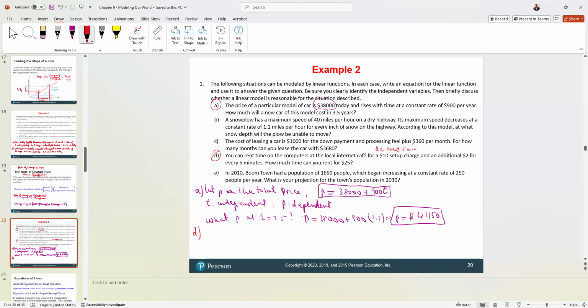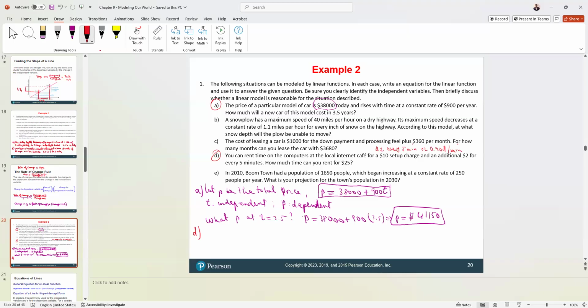Every minute you would do 2 divided by 5. You're going to get 40 cents, or $0.40 per minute. You can convert and make it per minute instead. So that's exactly what I do for this one. I do 2 divided by 5 to find how much I pay per minute instead of using 5 minutes, because if I use 5 minutes, it's going to be more complicated.